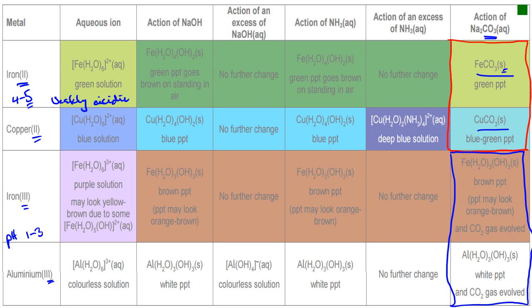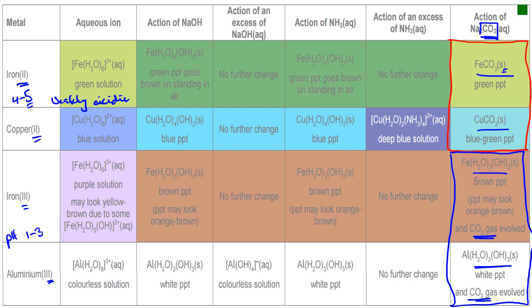But because you have much more acidic solutions, then we are going to decompose our carbonate ion, and that's a two-step reaction. First of all, you get hydrogen carbonate ion, and then another proton joins that and forms a water molecule and carbon dioxide. So carbon dioxide is evolved, and instead of a carbonate you get the hydroxide.